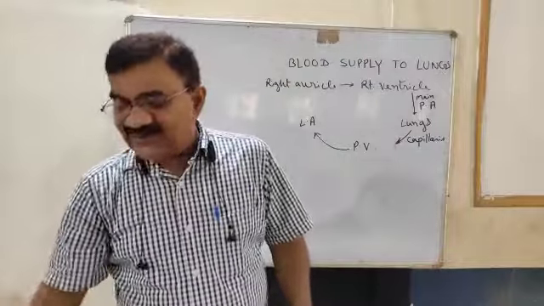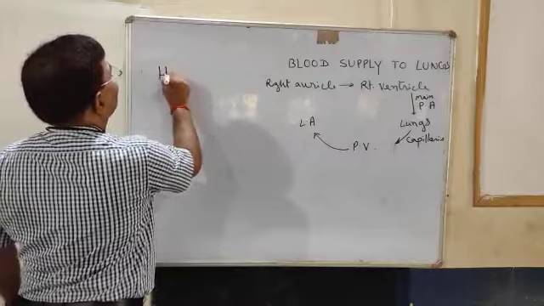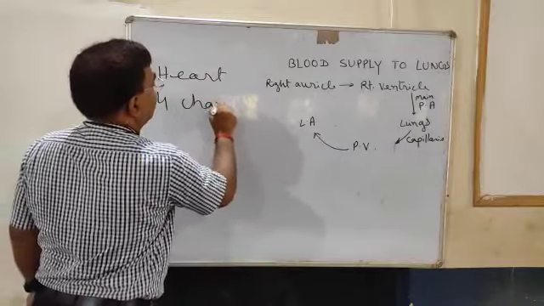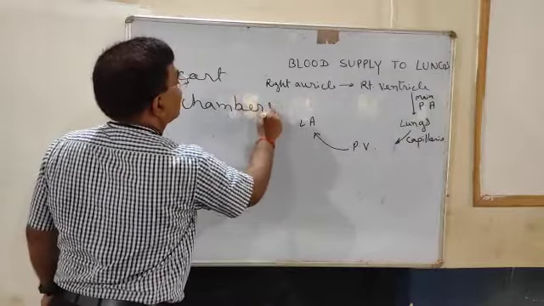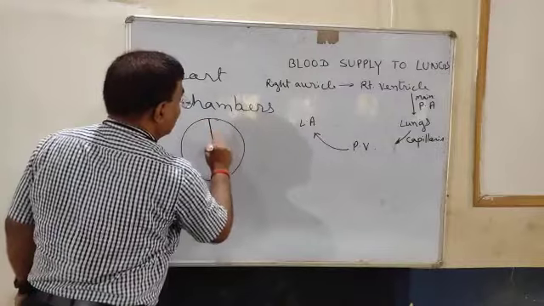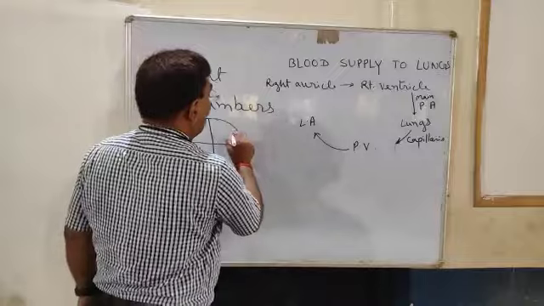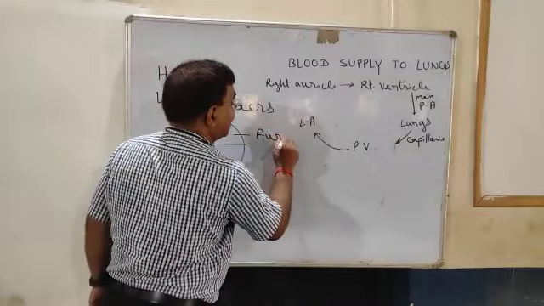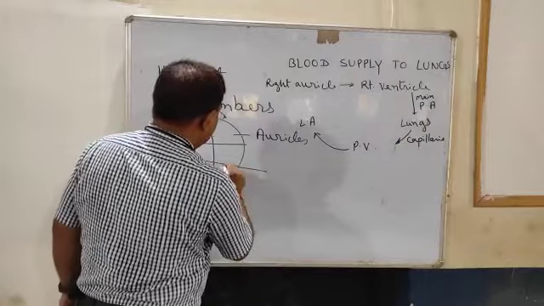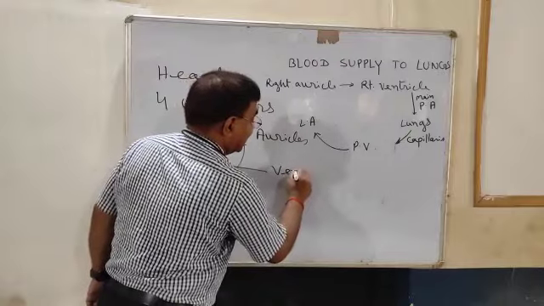First, let me say something about the human heart. Our heart has 4 chambers. Suppose this is the heart. The upper 2 chambers are called auricles, and the lower 2 chambers are called ventricles.